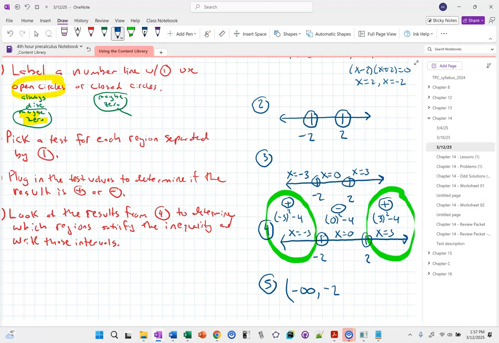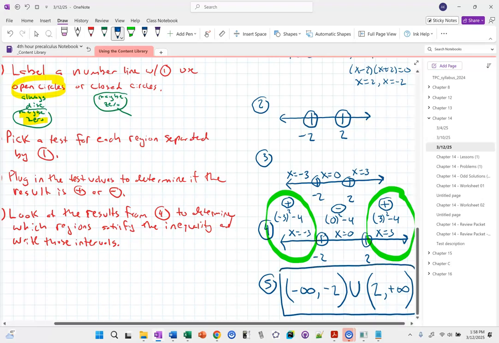Because I have an open circle at negative 2, I'll use a parenthesis. I'll do my union. My second region starts at 2 and includes the right-hand arrow, so it goes to positive infinity. Since I have an open circle at positive 2, I'll use a parenthesis, and then another parenthesis at infinity. So this is going to be my final answer.